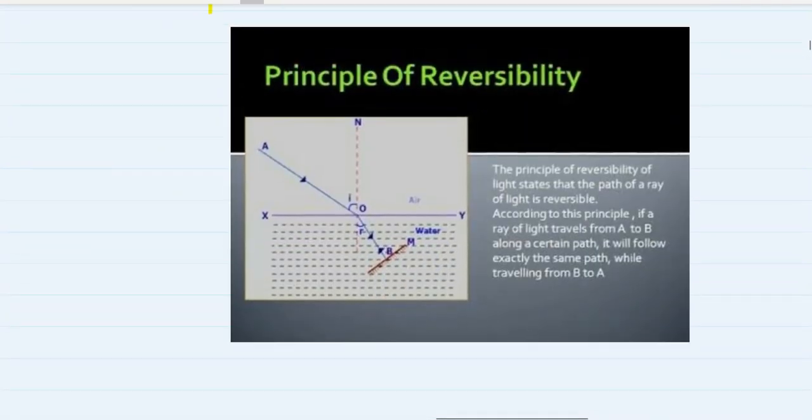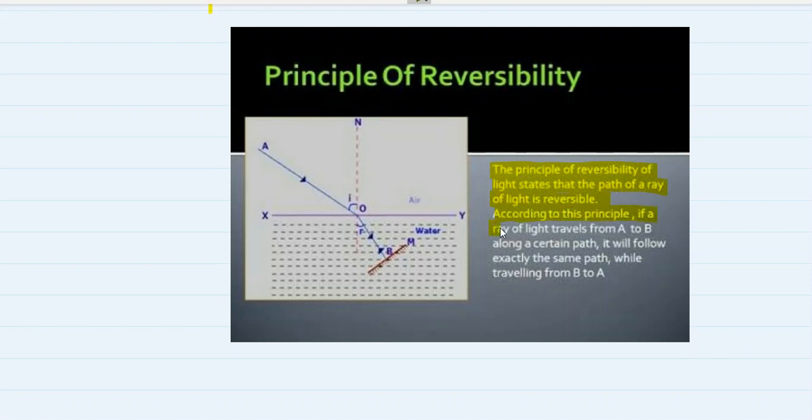Now we can understand the principle of reversibility. So what is this principle of reversibility? The principle of reversibility of light states that the path of a ray of light is reversible.